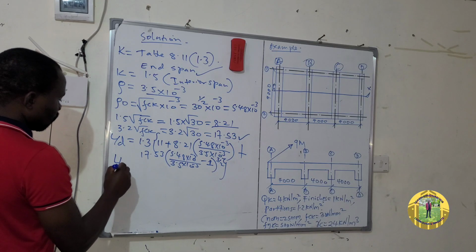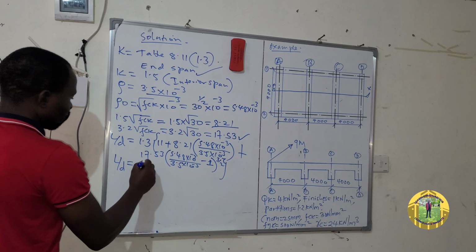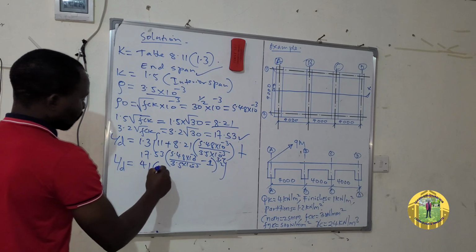So L over D, if you punch your calculator, you will get 41. So this is the basic ratio.